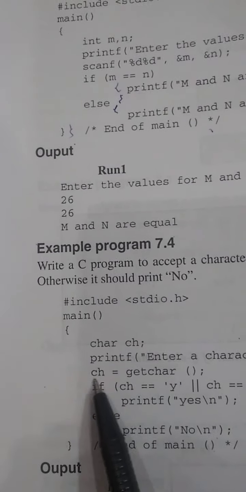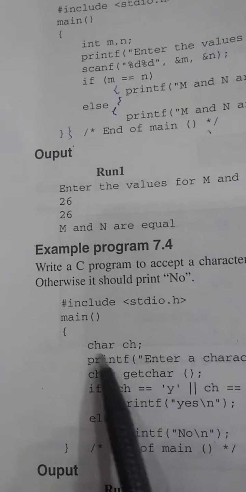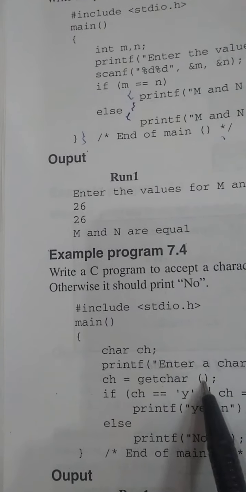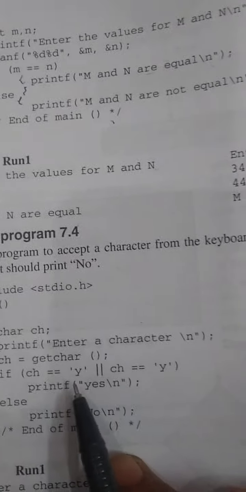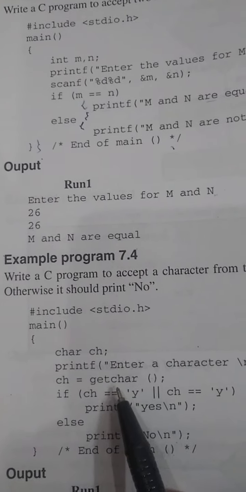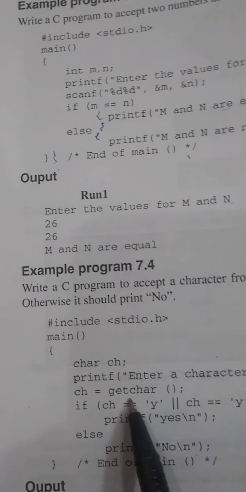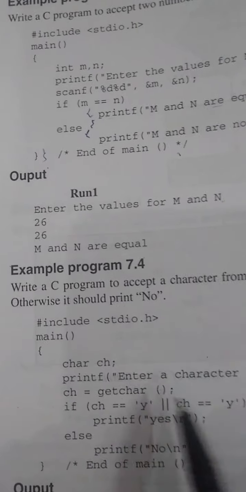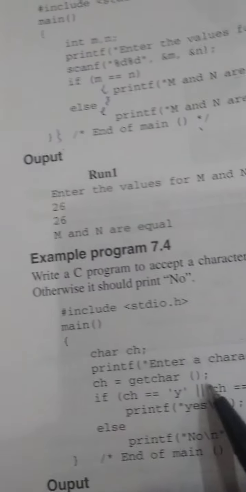Then ch equal to getchar, meaning you read the value, as in the case of scanf you read the values of x and y. Here you take the character with getchar with left and right parentheses, ended with a semicolon.